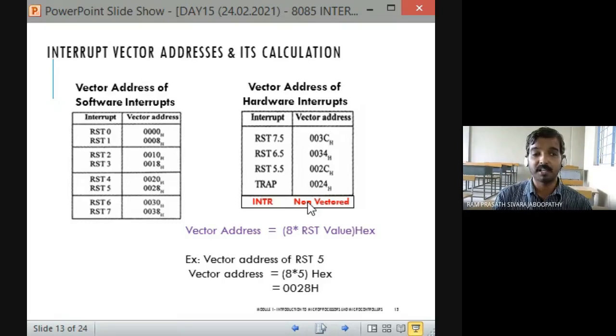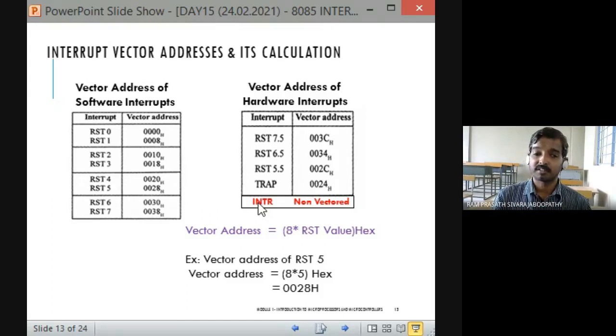There only you will be writing your service program. How can you point to the particular address? That can be done in such a way that when the interrupt occurs, the microprocessor will send an interrupt acknowledgement cycle, which is nothing but an opcode read from an IO device, or the opcode given by the IO device, which is going to give a pathway from where it has to execute the service program.